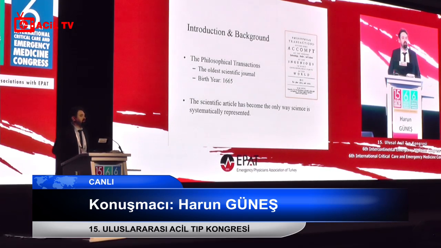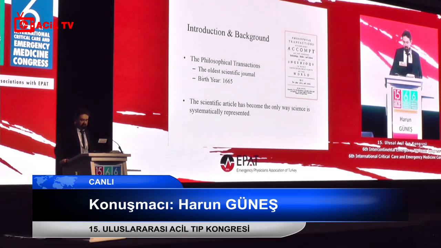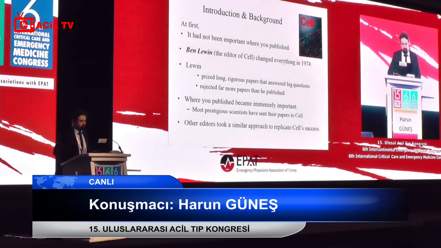The Philosophical Transactions is the first scientific journal. It was first published in 1665, and the scientific article has become the only way science is systematically represented in the world. At the beginning, it had not been important where you published, but Ben Levin changed everything in 1974.